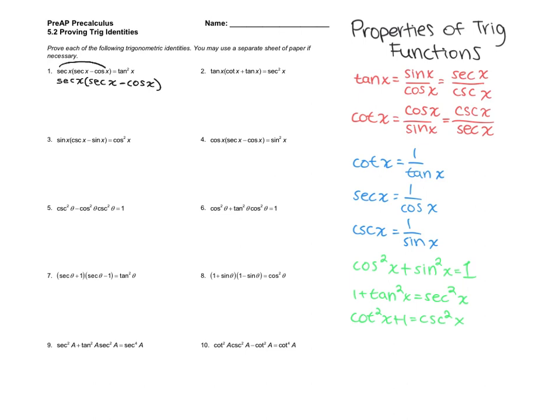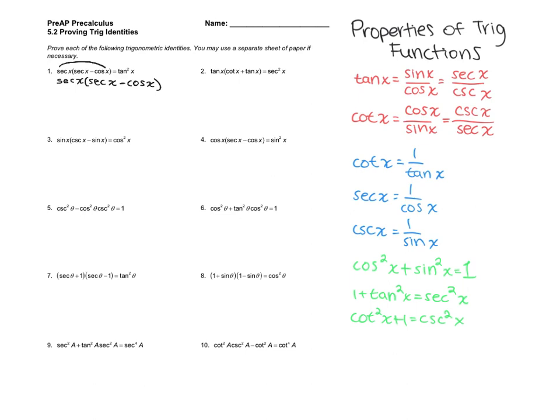So now, our first step would be to break down the sec x inside of the parentheses. When you see two functions inside the parentheses, you want to try and see if it can be reorganized to make them like terms.